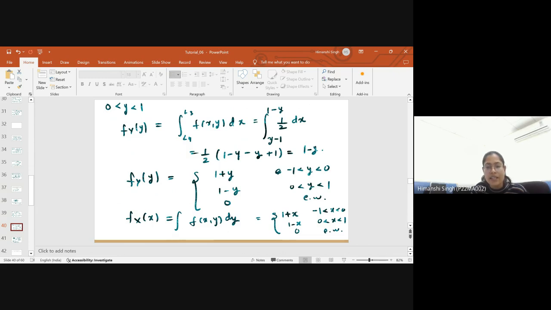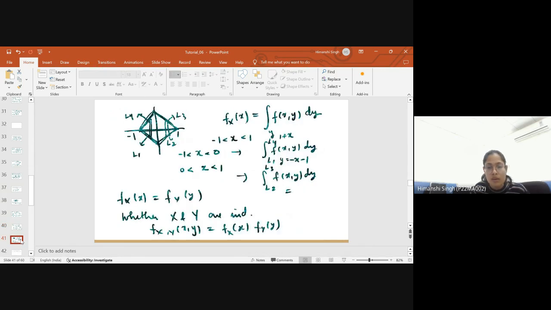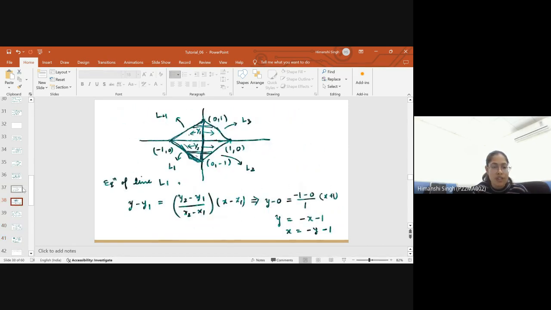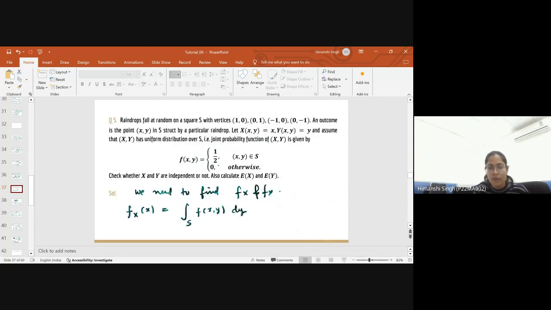In that case it will never be 1 by 2. So basically I can say directly from there that these are not equal, because if I consider their product, it will not be equal to 1 by 2, which is the joint density we had. So x and y are not independent random variables.